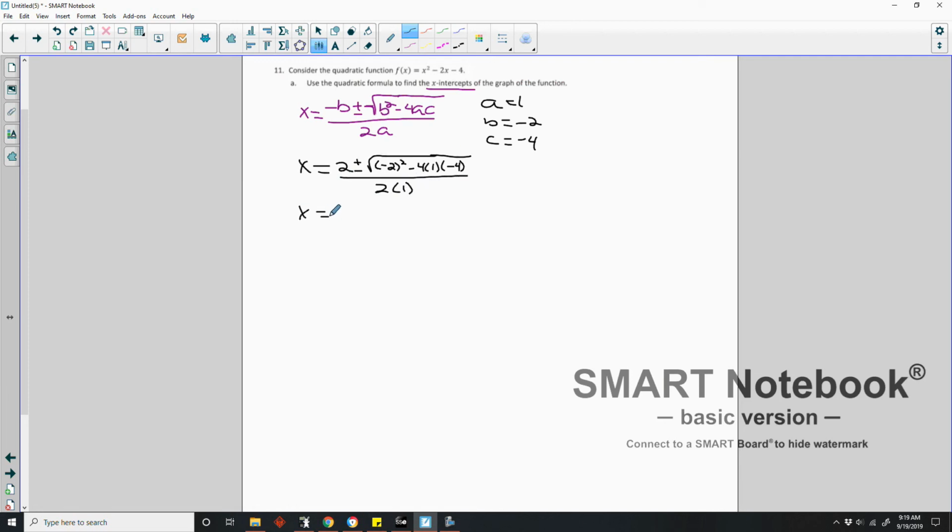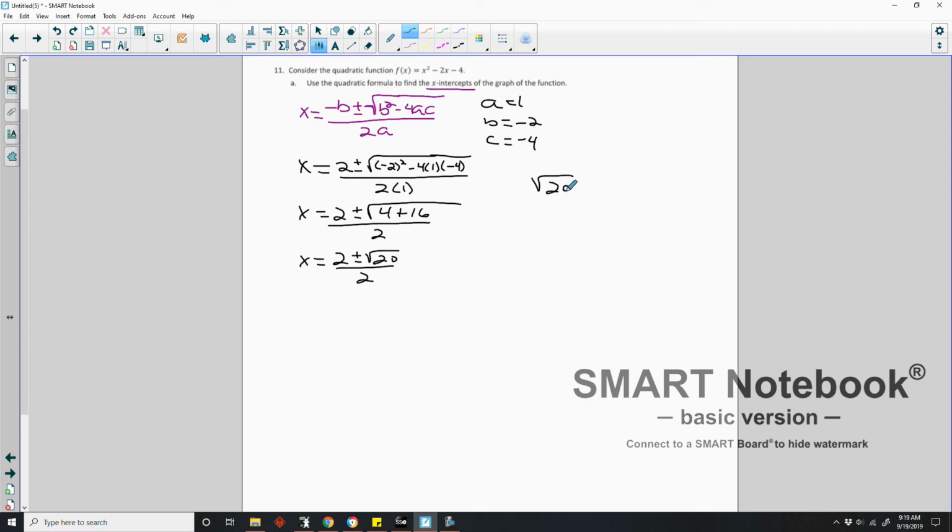So x equals 2 plus or minus the square root of 4, and that's plus 4 times 1 is 4 times 4 is 16, all over 2. So my answer is x equals 2 plus or minus the square root of 20 over 2.